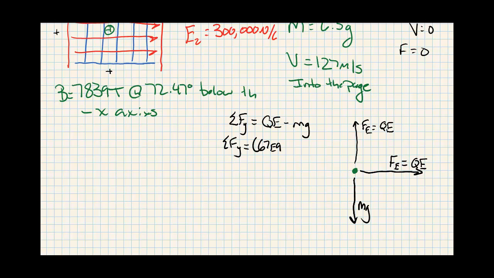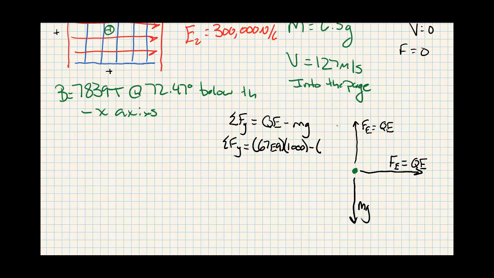67 e to the negative 9th, because that is nanocoulombs, times 1,000, minus our mass, which just so happens to be in grams, and we need the mass to be in kilograms.